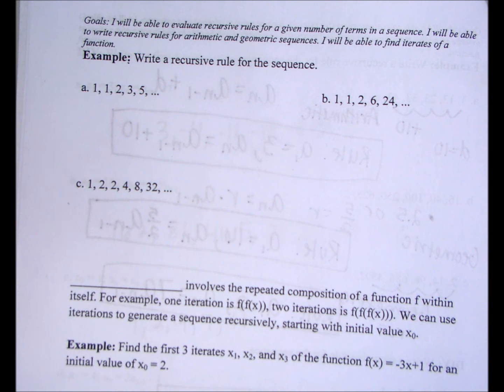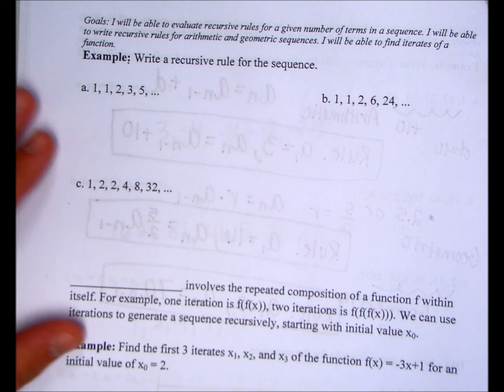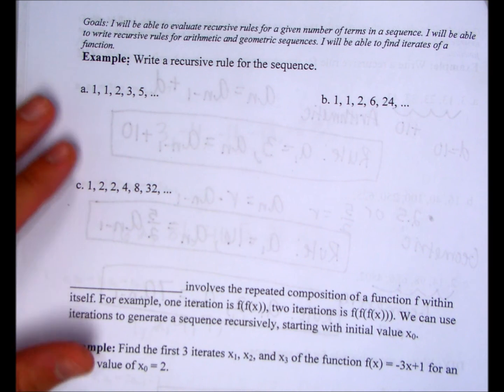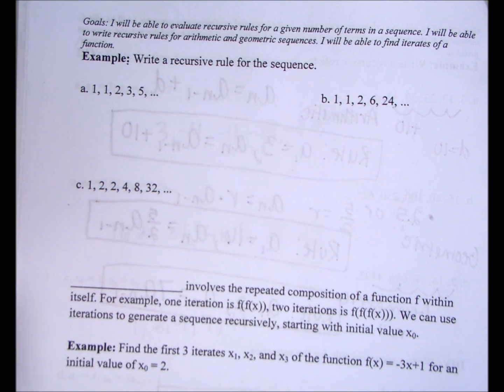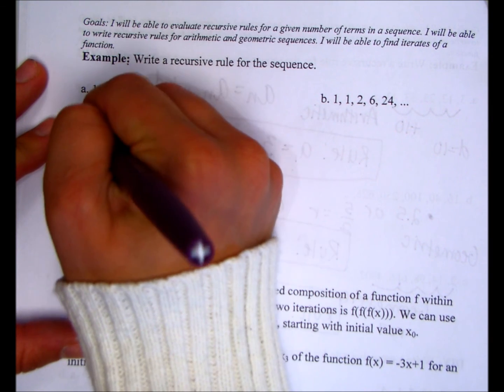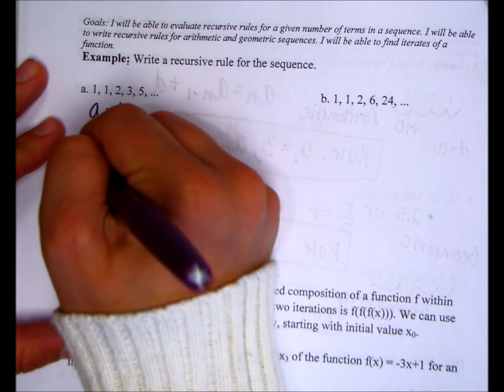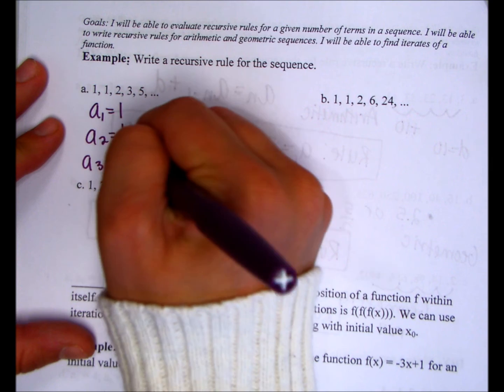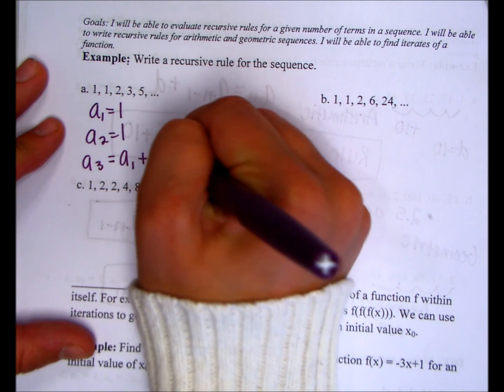So this is not geometric nor arithmetic, so there's no formula for it. So what I want to write out here, a sub 1 equals 1, a sub 2 equals 1, a sub 3 is equal to a sub 1 plus a sub 2, which equals 2.